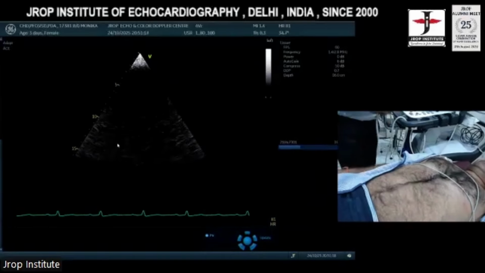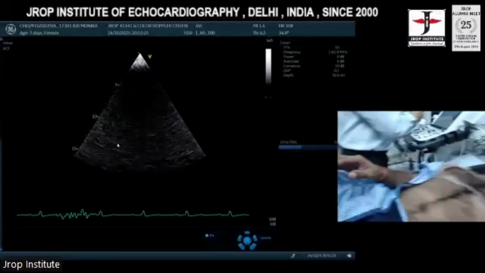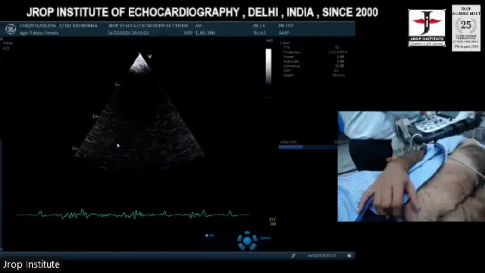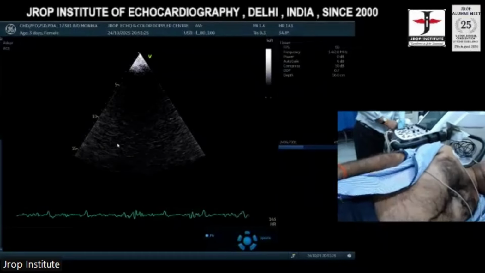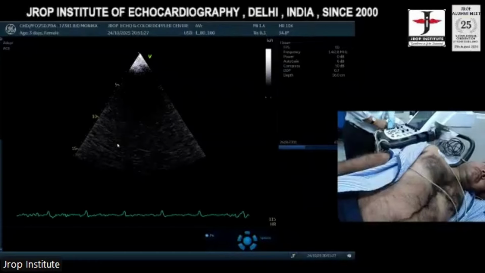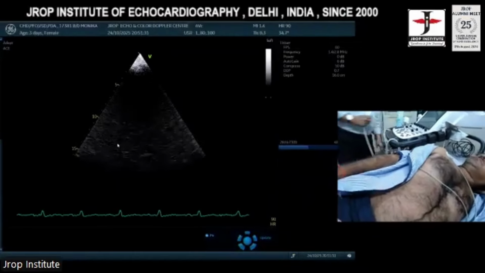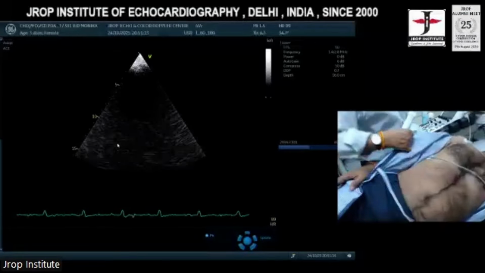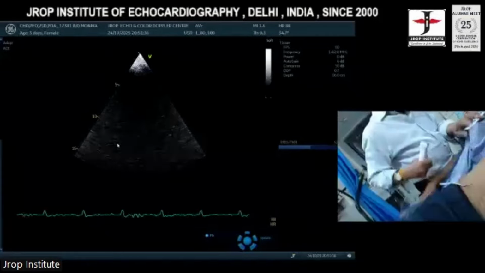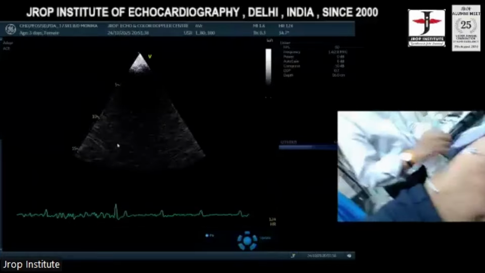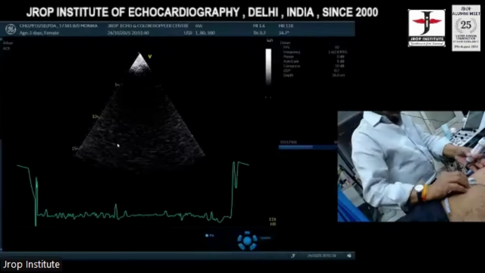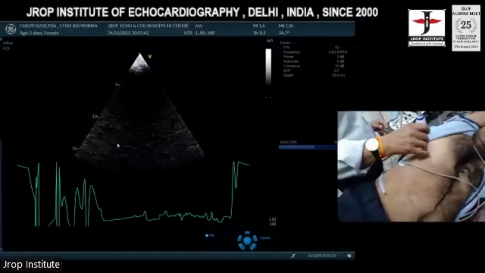And if you can't see IVC over here, go around. Just let the patient turn onto the left-hand side. We can keep the probe over here.